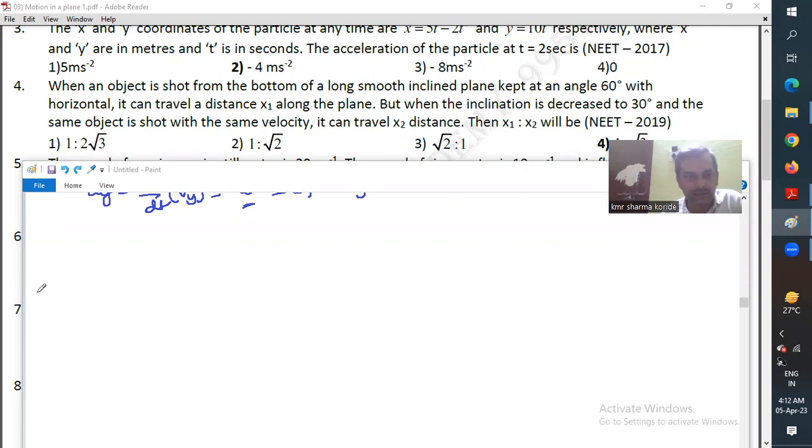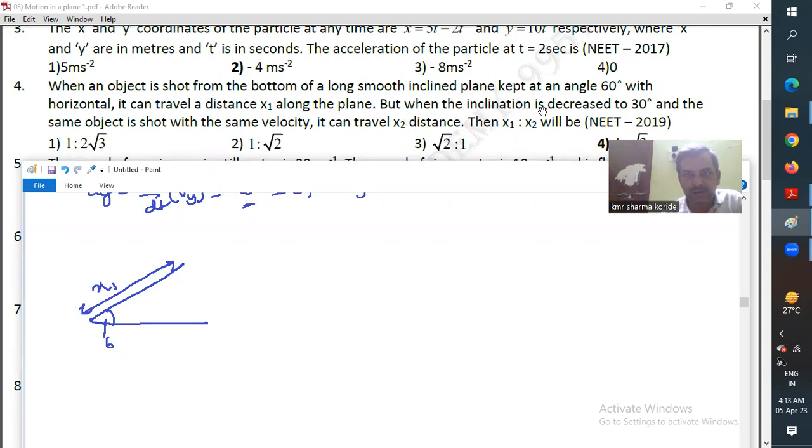You can understand with the help of a diagram like this. This is the inclined plane. This is shot at an angle 60. This covers a distance x1. This is the first part of the question, along the plane.